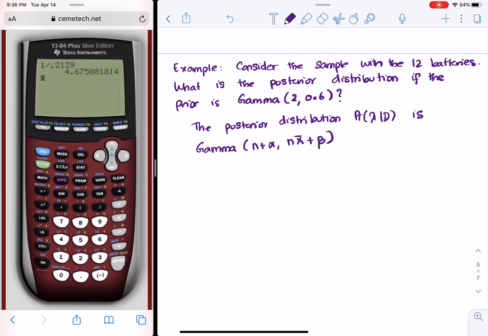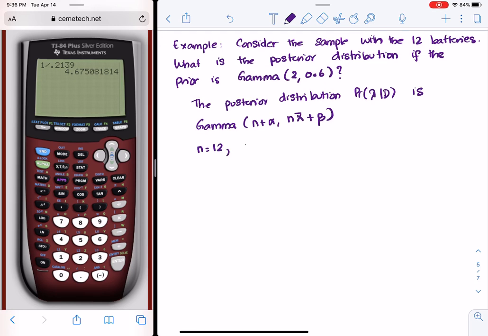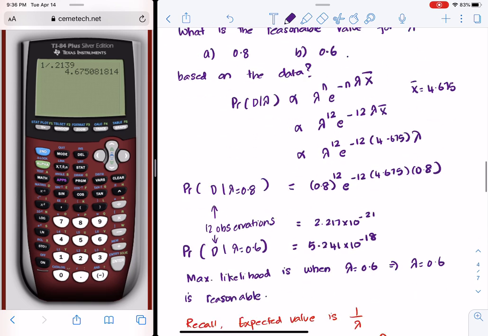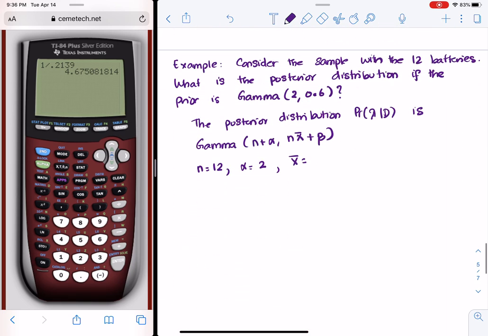So we know n is 12, alpha from the prior is 2, x bar from our problem is 4.675, and beta is 0.6.